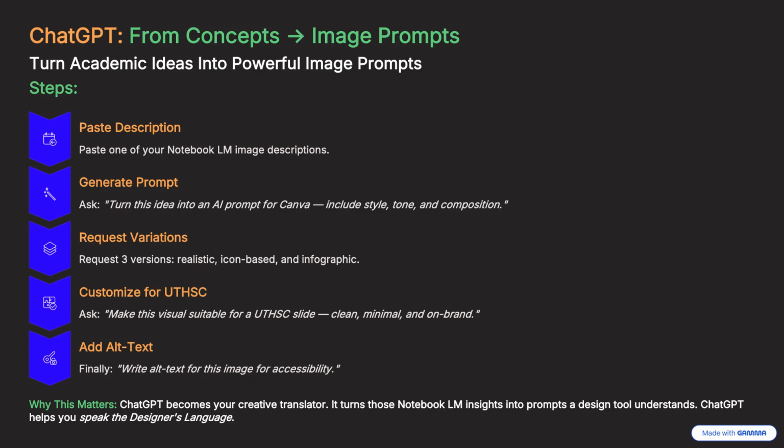All right, so paste description. Here are the steps, 5 of them. Paste description: we paste one of your NotebookLM image descriptions into ChatGPT. We're doing one at a time because the thing about ChatGPT is, as we all know, it'll overthink, or it will combine things or suggestions that we do. Well, we don't want that if we're trying to get certain images clear-cut as we want them.